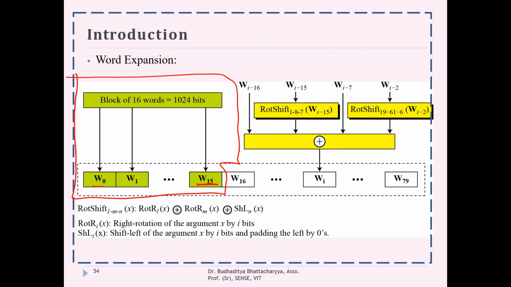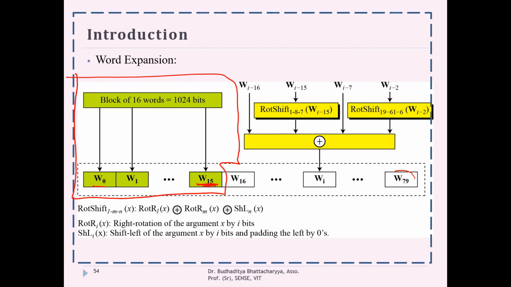Very similar to what we did in DES and AES, where we had a simpler key expansion strategy. Here, green color means this has already been defined and is already with us.